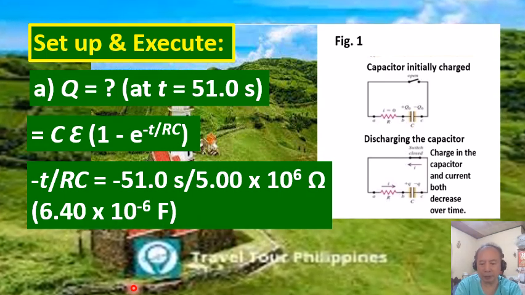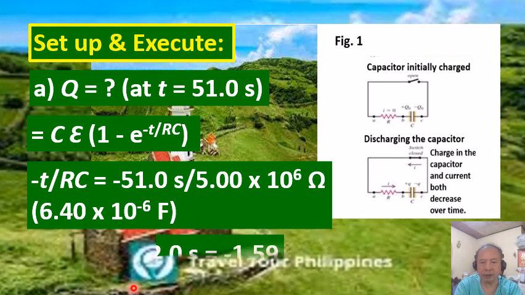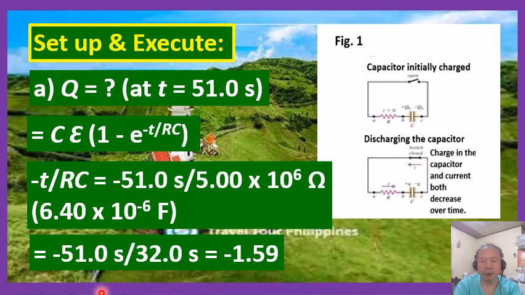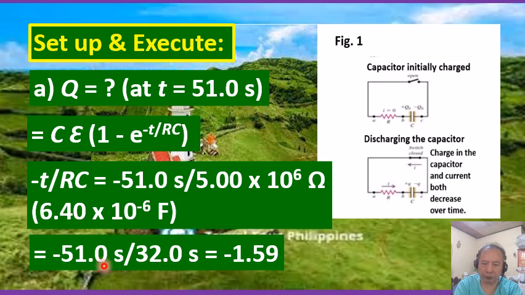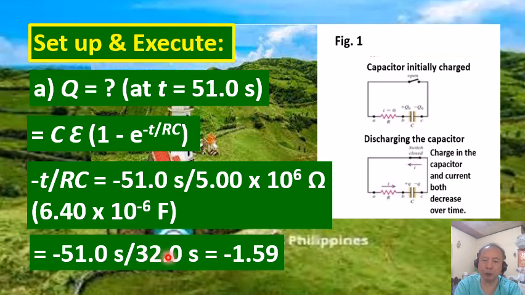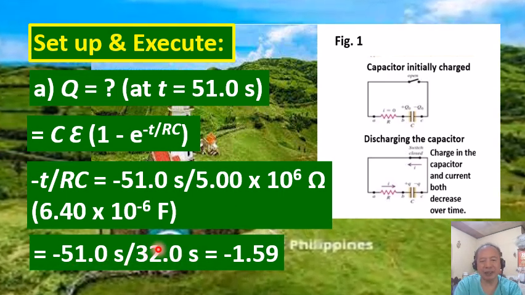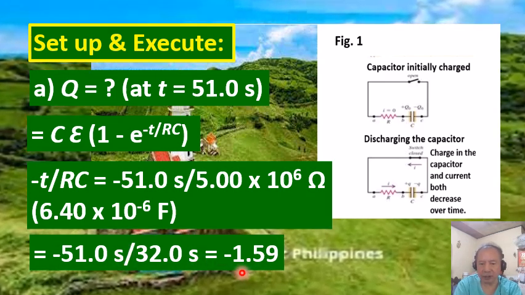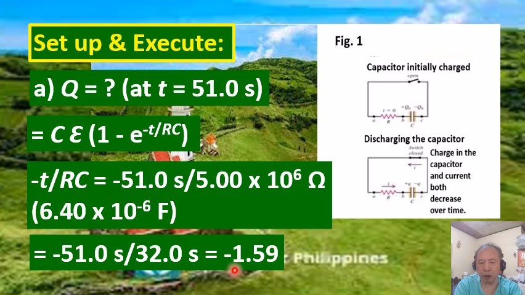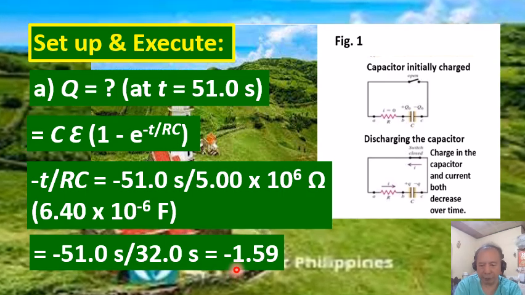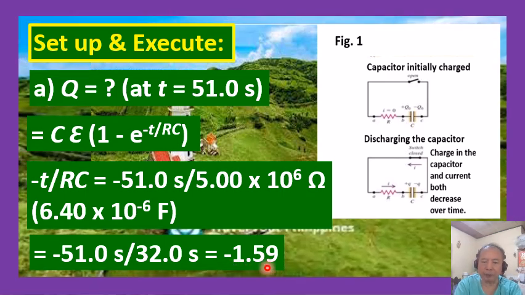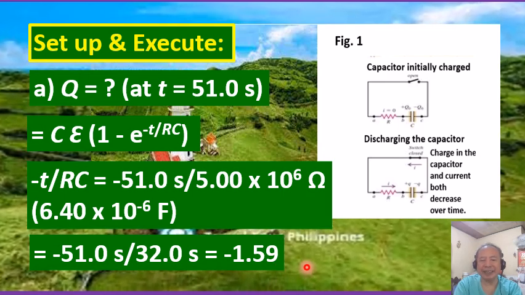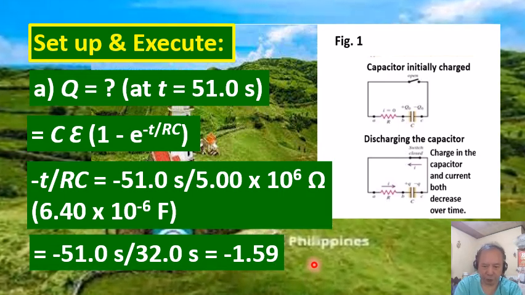So when you do the math, we find this negative power of the Euler's number equal to negative 51.0 seconds divided by 32.0 seconds, right? The unit second cancels out, so we get this unitless value of the power of the Euler's number equal to negative 1.59 in three significant figures.